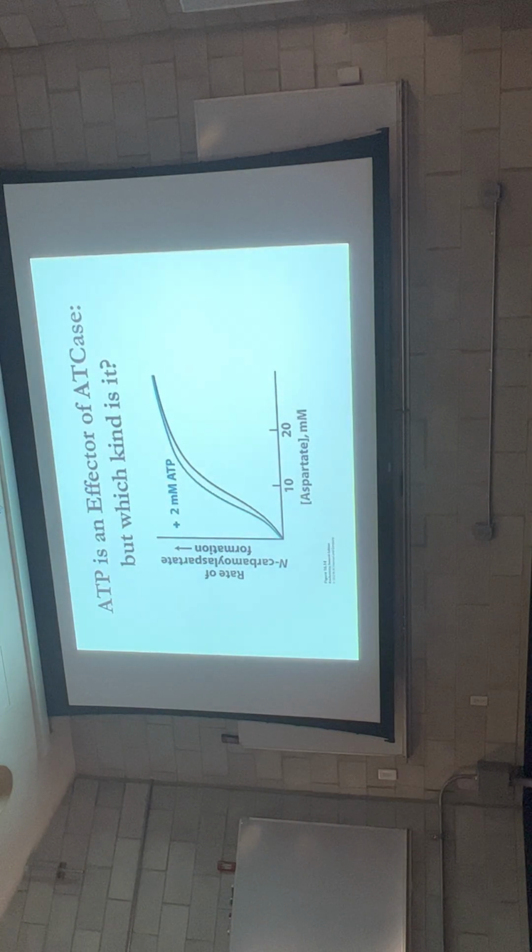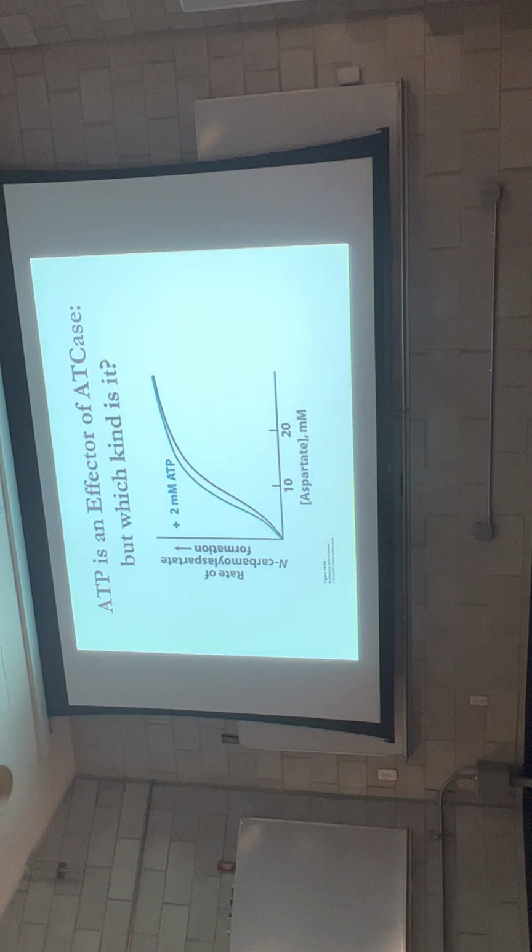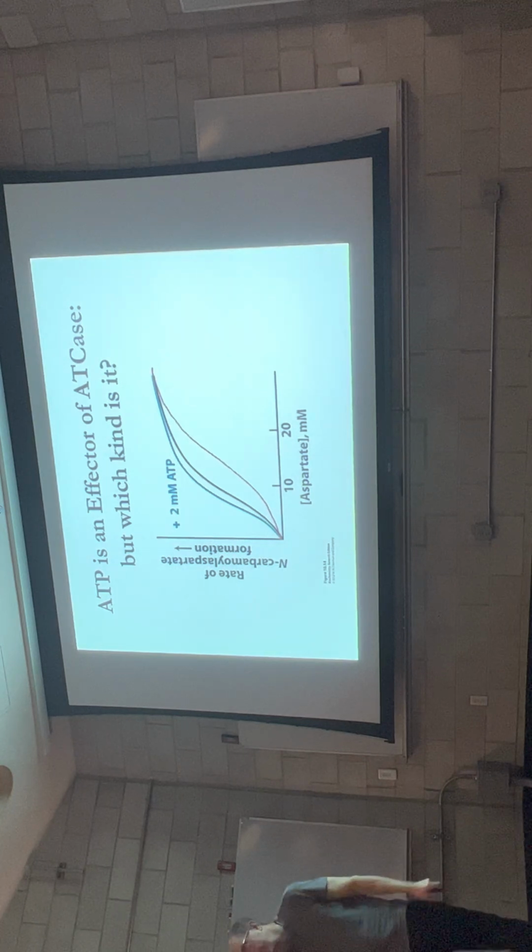And then they tell us that ATP is actually an effector, but it's a positive effector. It's the opposite of CTP. So you can see that instead of shifting the curve to the right, which I'll put in here, when you guys draw these curves in, make sure that eventually you get to maximum velocity, right?